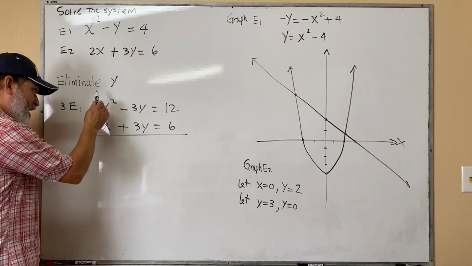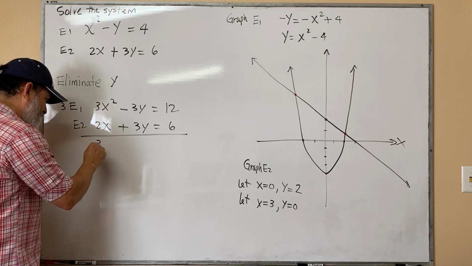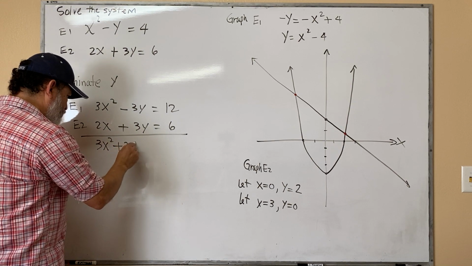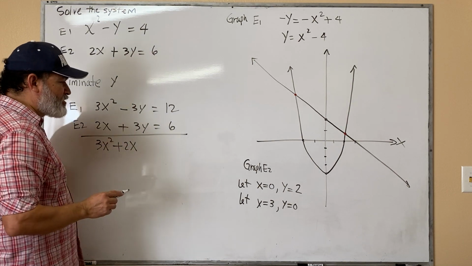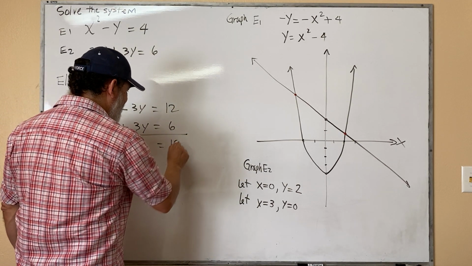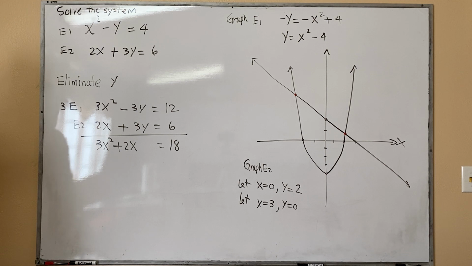So when you add these two equations, you get 3x squared plus 2x. Those two cancel each other, equals 18. Now we gotta solve this equation.